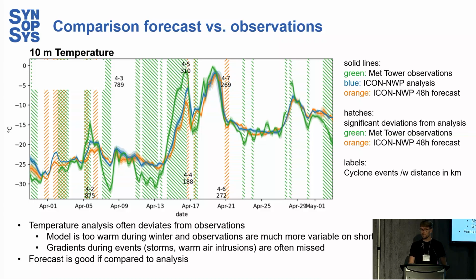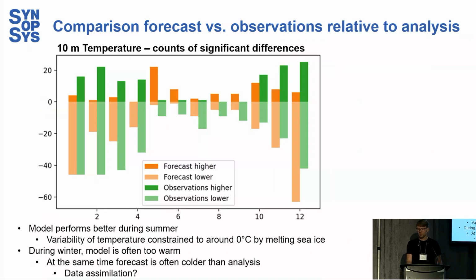In terms of the forecast quality relative to the analysis, which would be the orange hatching, one could say it's quite good. So if we stay in the model world, the forecast is quite good. Yeah, and we can do some statistics about that over the whole MOSAiC period. And this is basically counting time steps where I have a hatching, so to say. And we see that during summer, we have very few deviations, so I would say it's quite good.